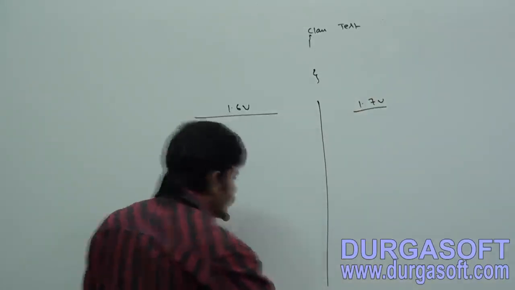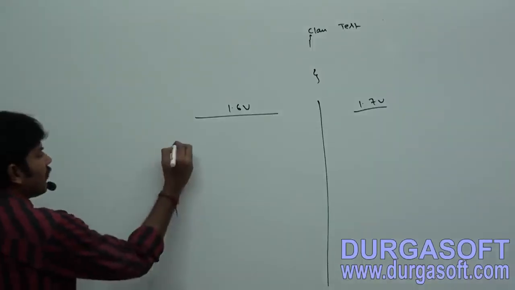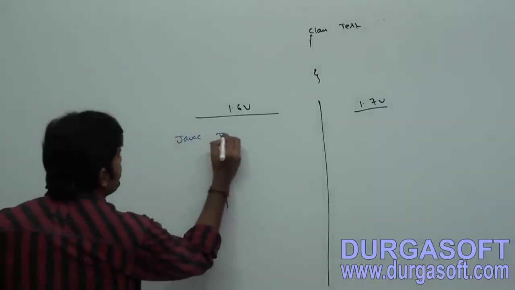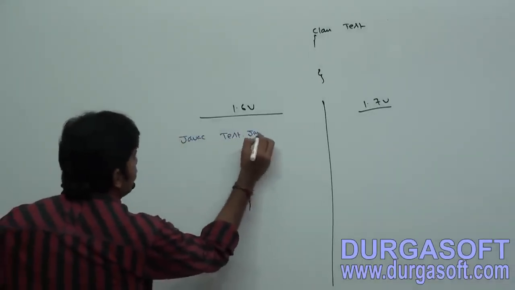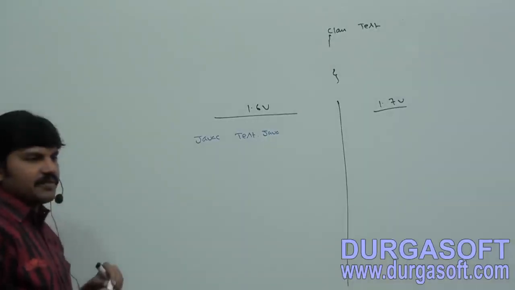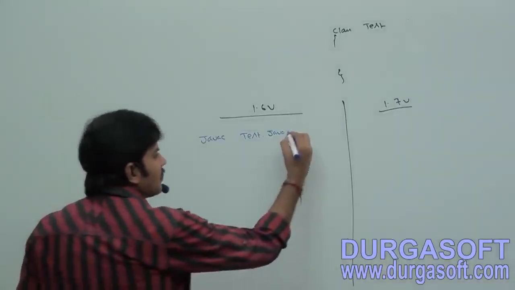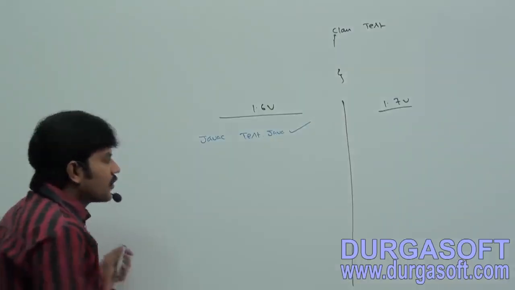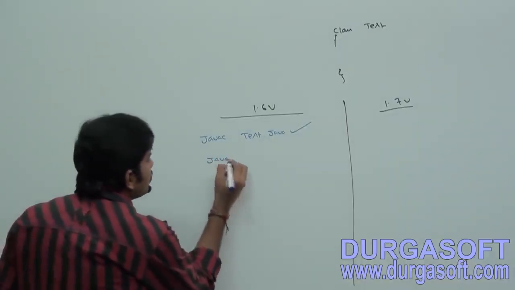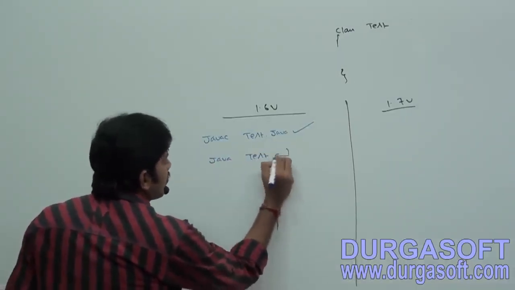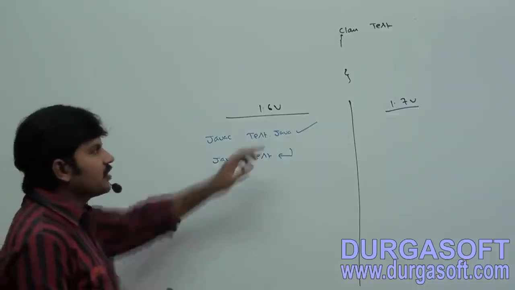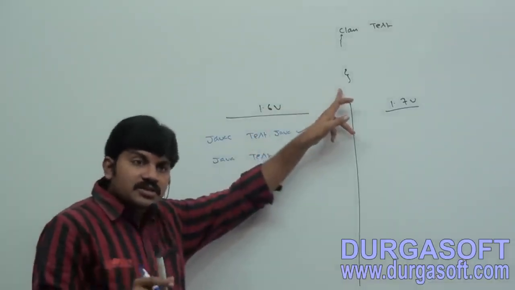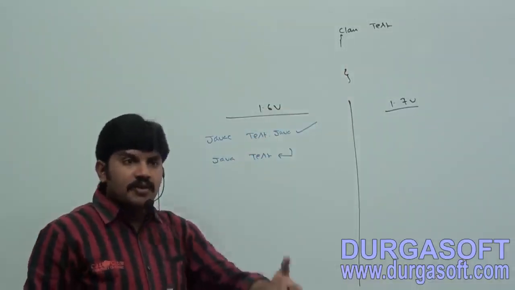In the 1.6 version, javac Test.java, is it valid or not? Valid, no problem at all. Now I am taking java Test. Sir, can you please run the test class? But the test class doesn't contain a main method.